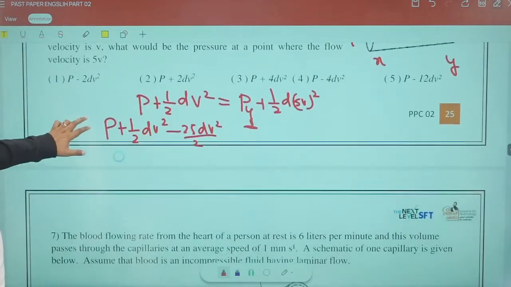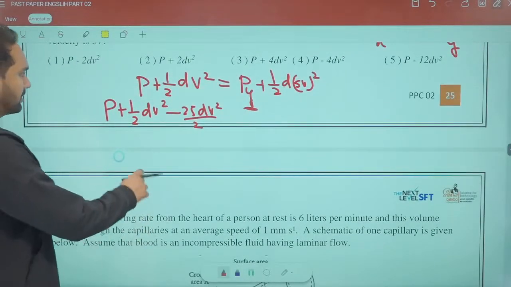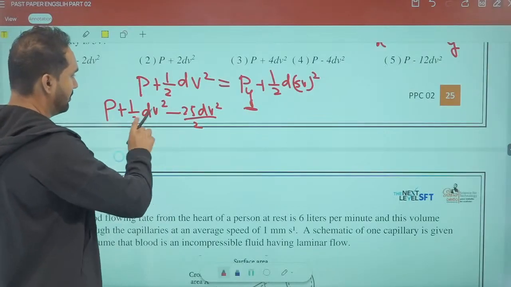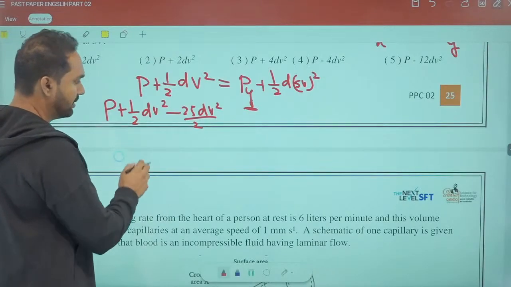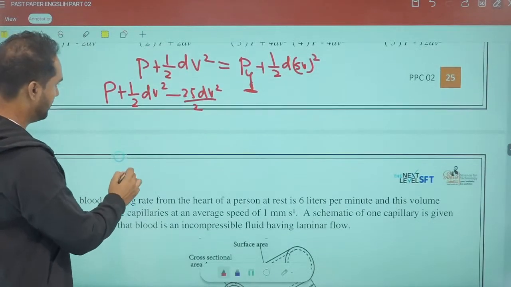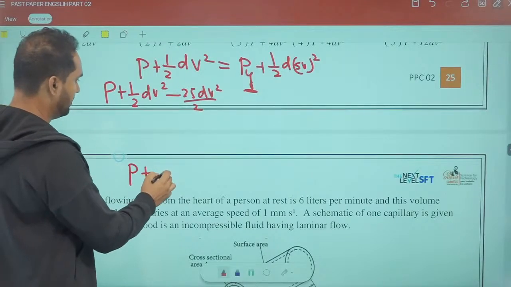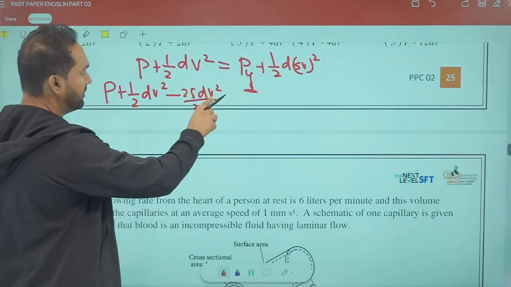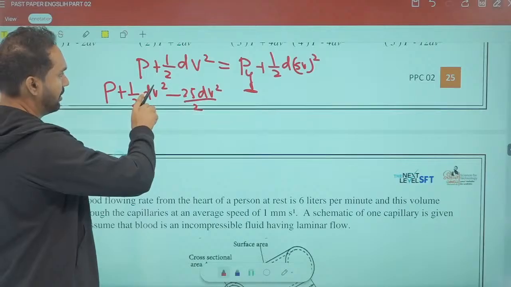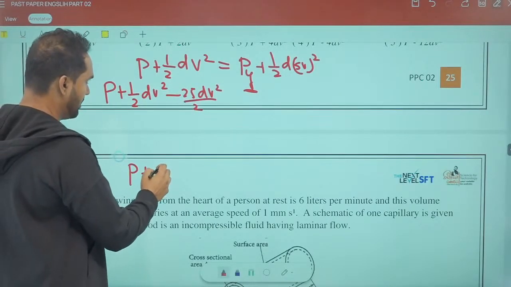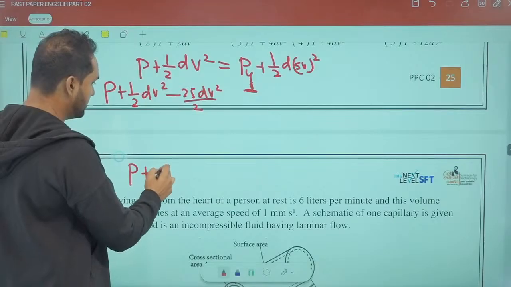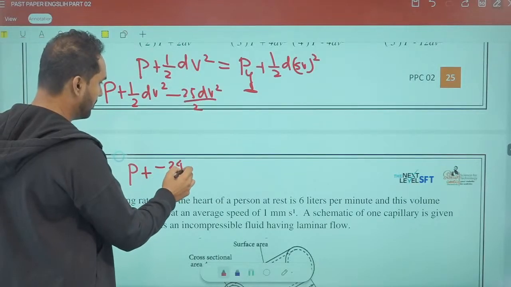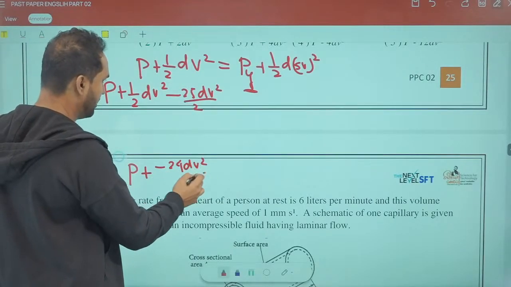So if I deduct, they have the common denominator, so the final answer should be P plus 25 d V square minus 25 d V square plus d V square, which will become minus 24 d V square divided by 2.